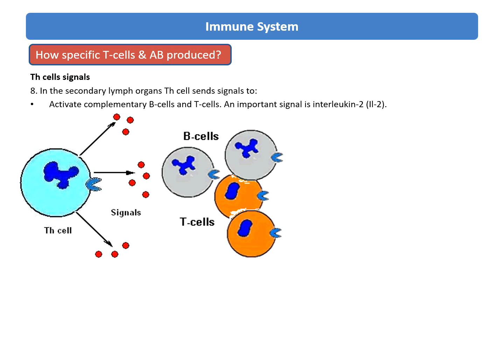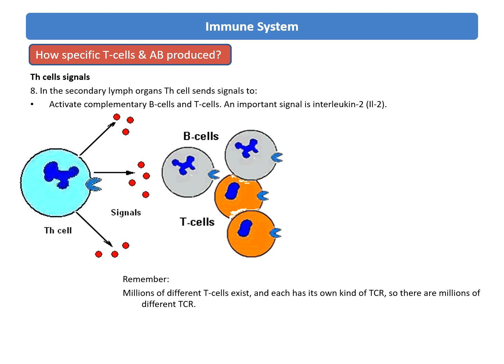There are many different ones, but interleukin-2 is an important signal. Remember, as I said, millions of different T cells exist. Each has its own kind of T cell receptor, so there are millions of different T cell receptors. Likewise, millions of different B cells exist, and each produces its own kind of antibody, so there are millions of different antibodies.